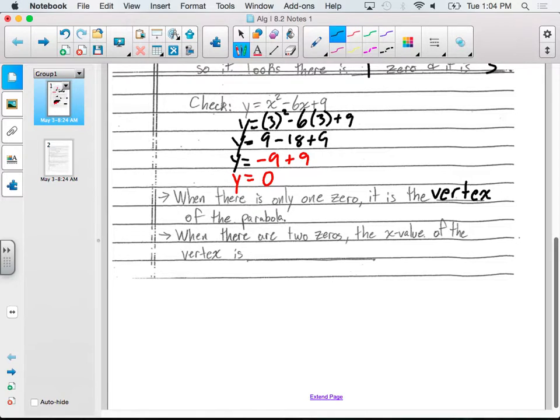All right, and then when there are 2 zeros, the x value of our vertex is going to be halfway in between our zeros.